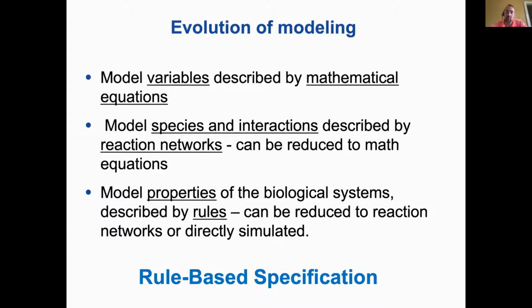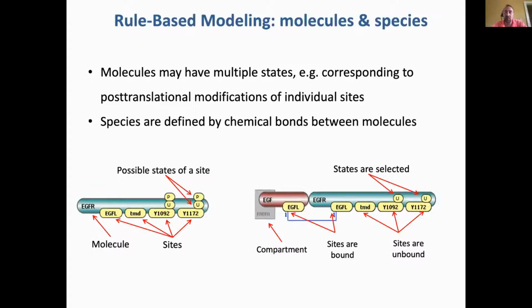You can put it into compartments and simulate with ODEs, you can put it in geometry and simulate with PDEs, or you can do stochastic simulations for a small number of molecules. So, how do we do rule-based specification? I will do this now very quickly, and then we'll go into a real demo.